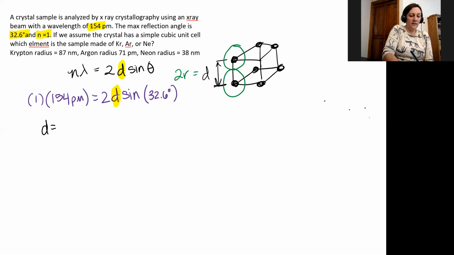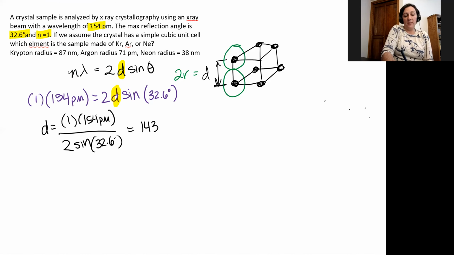That d is going to be equal to 1 times 154 divided by 2 sine 32.6, which will give me a value of 143. My units here are picometers, matching the unit of the wavelength.